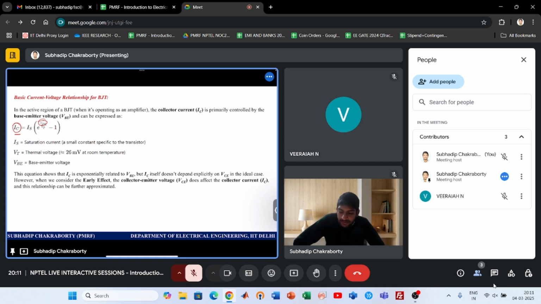But that is under the consideration that VCE is still not applied. As you also apply VCE, it will not have a very significant role on IC because the initiation is already done by the input terminal, which is VBE. It only helps to push the charge carriers to the output.